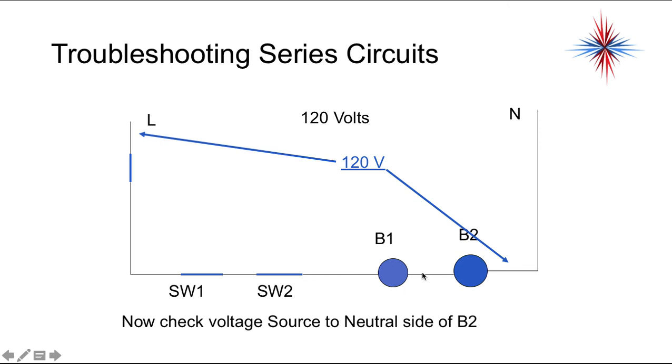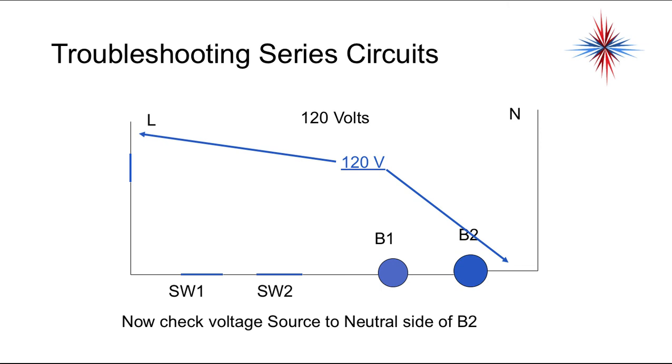If I have voltage across a load and the load is not working, it's a bad load. If I have voltage across the loads and B2 is not working, it's going to be a bad load. So again, voltage across an open switch or any open in the circuit is going to be source voltage.